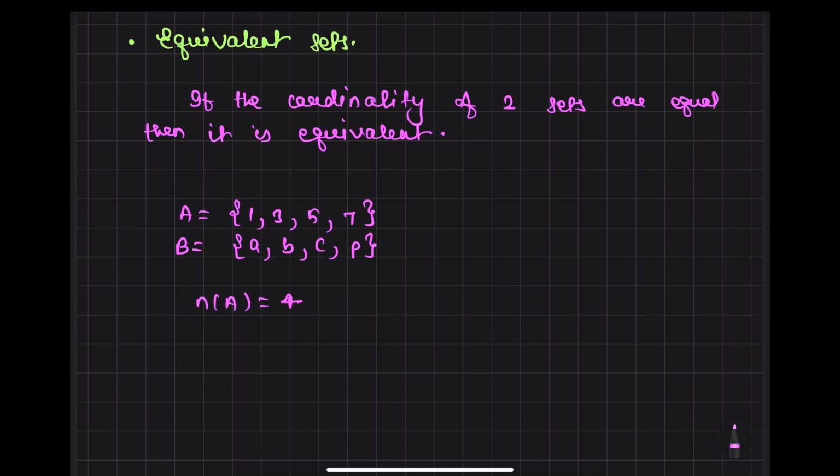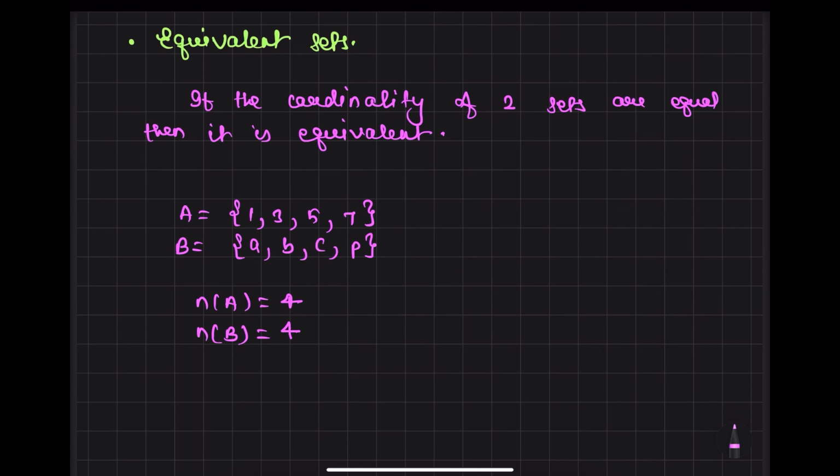The number of elements in set A is 4. The cardinality of set B, the number of elements in set B, is also 4. So the cardinality of both the sets are equal. This means they are equivalent. So these two sets are equivalent but not equal.